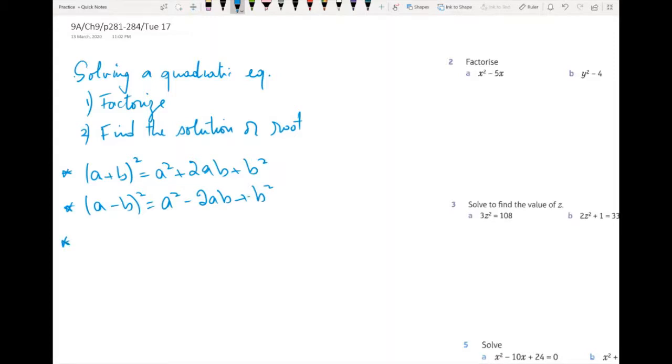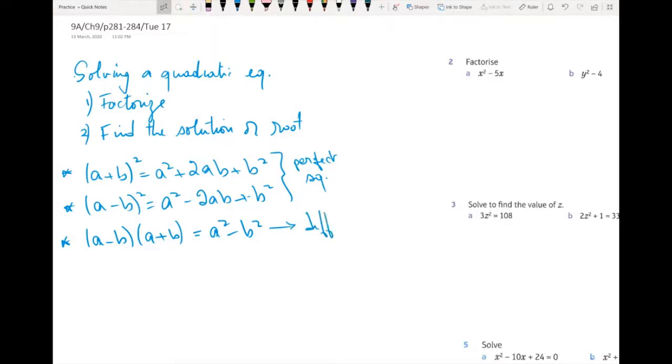Also, we should know that a minus b times a plus b is equal to a squared minus b squared. So these two are called perfect squares, and this is called difference of two squares.